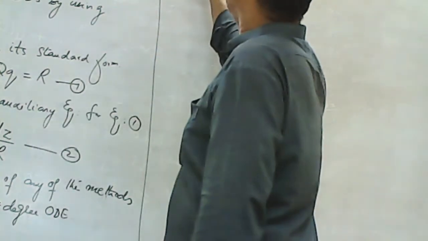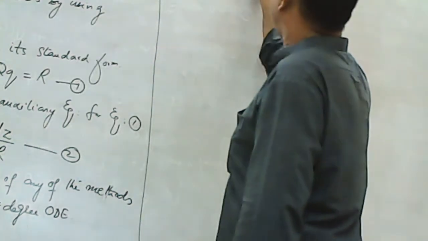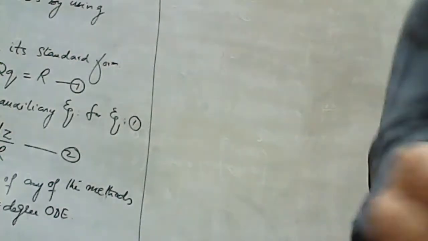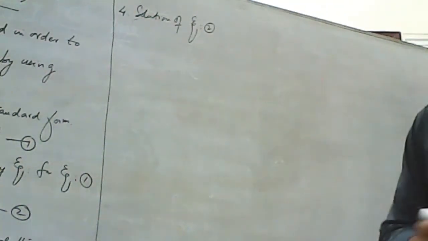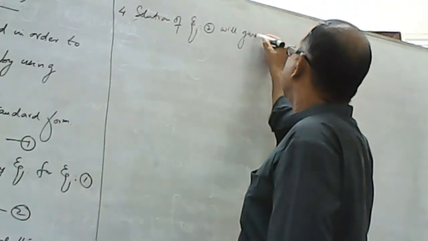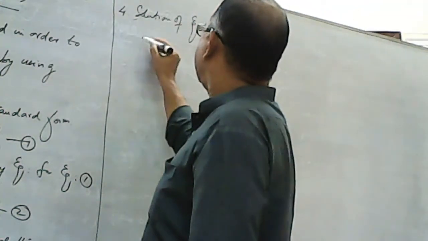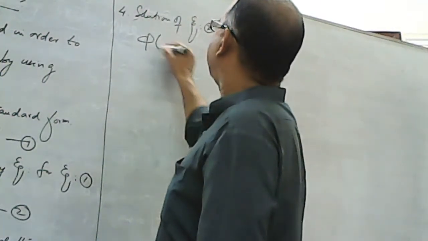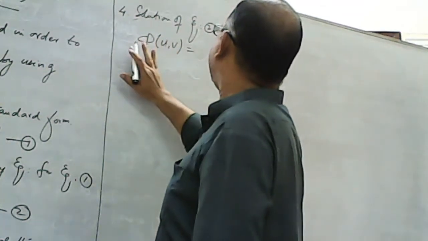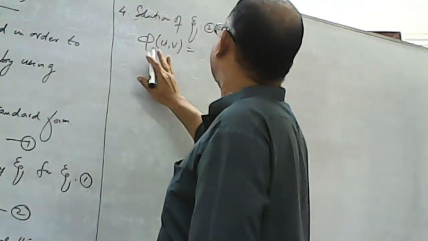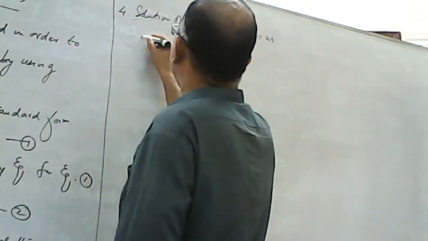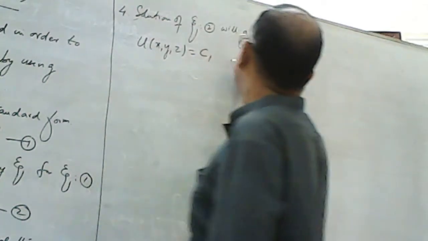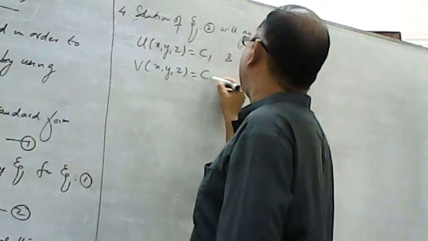Once we solve these, the solution of equation 2 will give us u of x y z equal to c1 and v of x y z equal to c2.